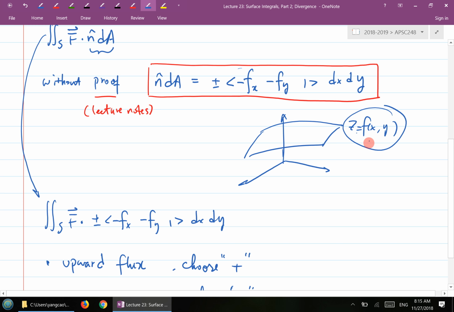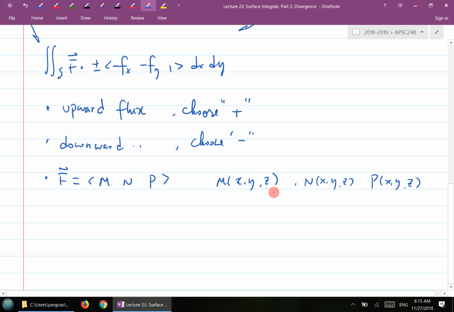Don't forget that the z here is whatever the surface is, f of xy. So z is replaced with f of xy. And that's a very common mistake sometimes when you do this kind of calculation.